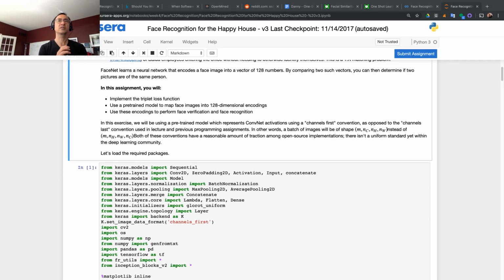So in this video we are trying to solve the problem of a face recognition system or face verification. The difference between face verification and face recognition is that face verification is one-to-one, meaning you're comparing one specific picture to another picture, or it could be the same picture.